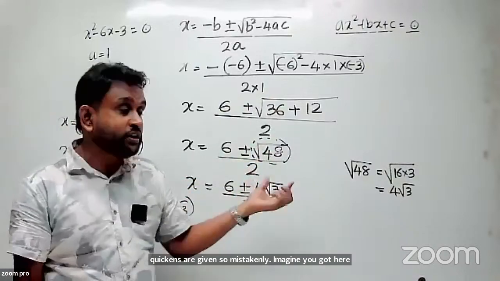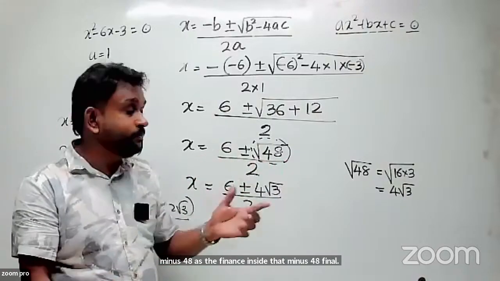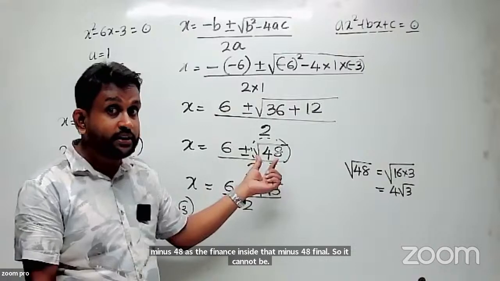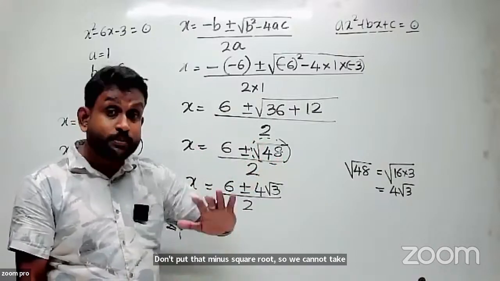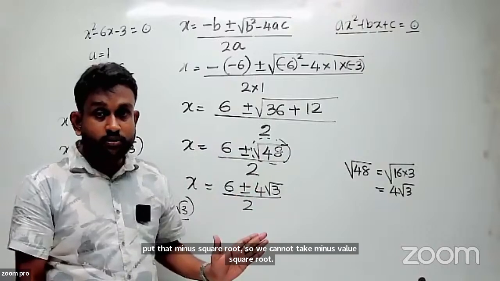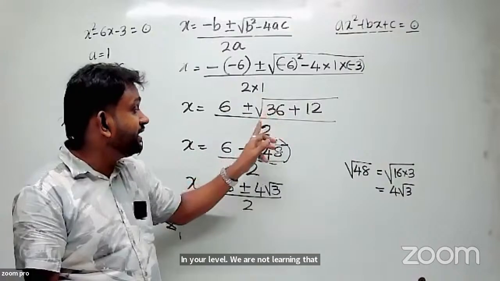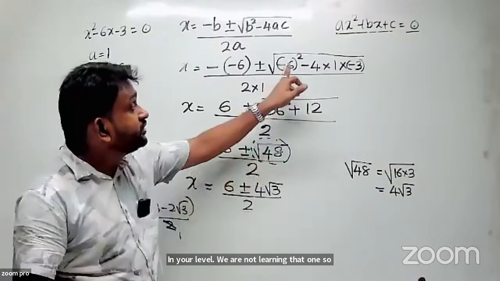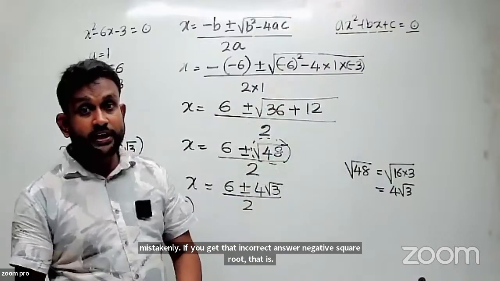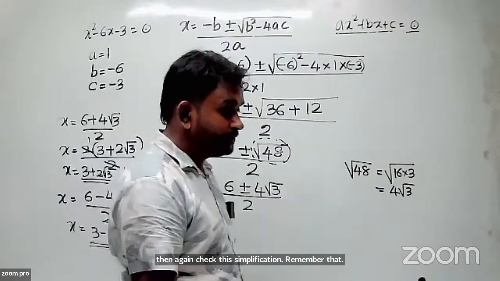It cannot be, right? Don't put that minus square root 48. We cannot take the square root of a minus value. It is an imaginary number, and at your level we are not learning that. So if you mistakenly get that incorrect answer, a negative square root value, that is wrong. Then check the simplification again. Remember that. Okay, correct it.